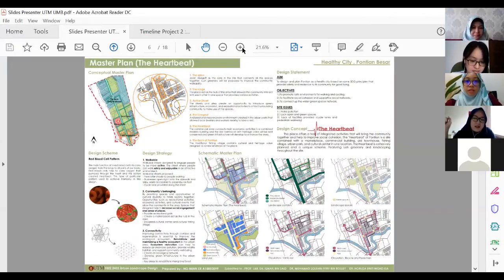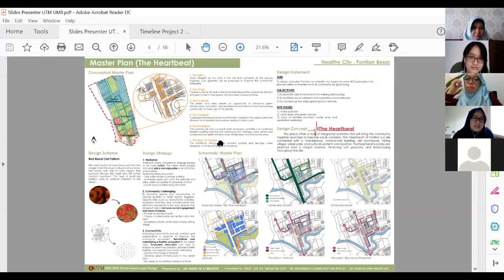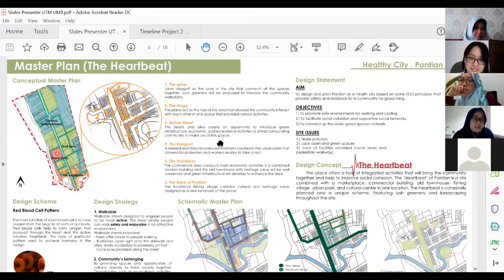What I'm curious about is which SDGs principles we want to achieve in this master plan, because in this aim there's no further explanation about it. So could you help me to explain it?